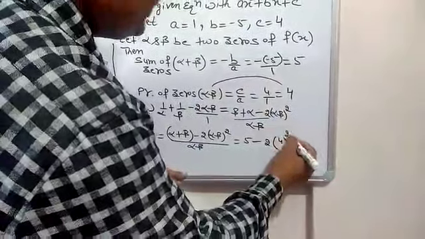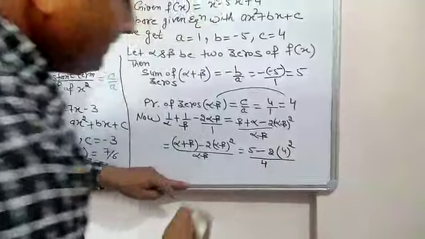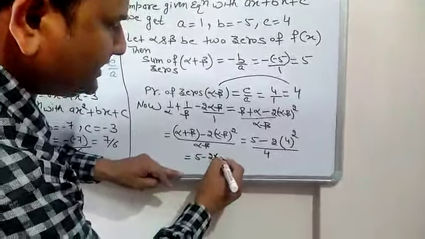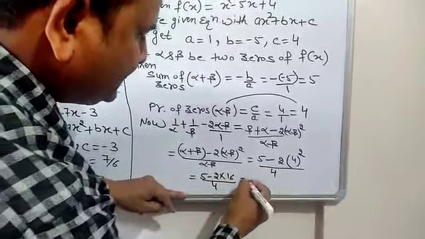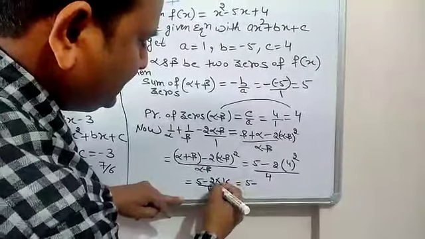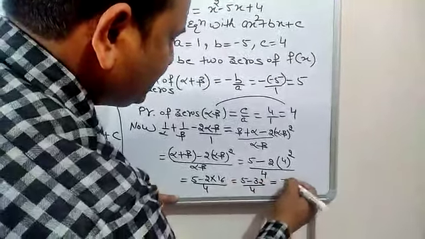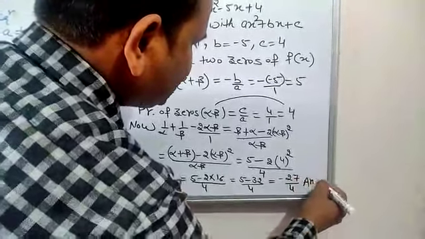So square of 4 divided by alpha beta, that is your 4, which further equals to 5 minus 2 into 4 square, 16, divided by 4. It is equals to 5 minus 2 into 16, 32 divided by 4, which is equals to minus 27 upon 4. This is your required answer.